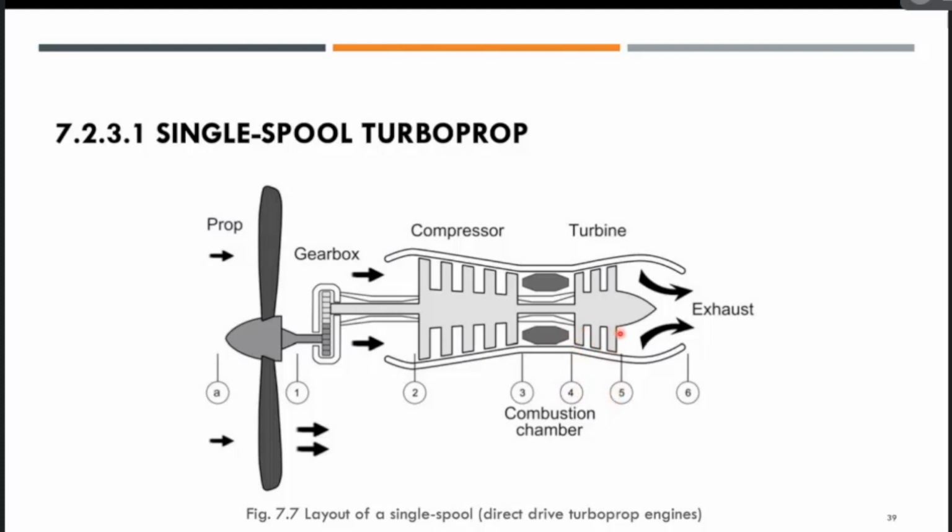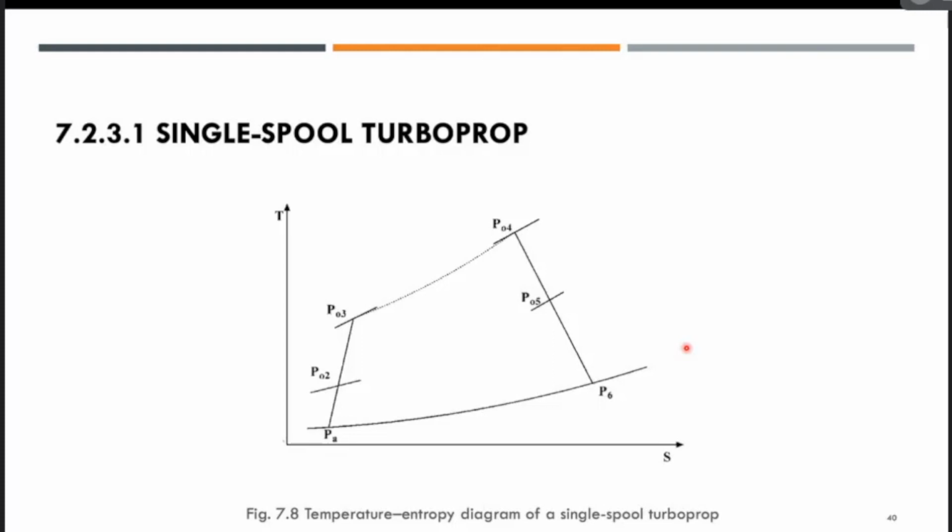Section 5 is right after the turbine, and section 6 is the exit of the nozzle. And this is what the TS diagram looks like. It is a typical turbojet engine TS diagram. Nothing fancy there, because it is a single spool turboprop engine.